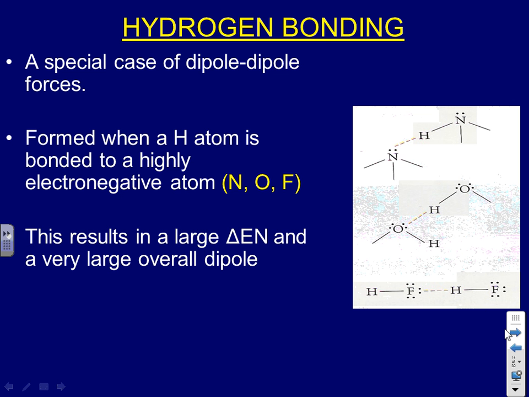And because they're so polar, they're a very strong intermolecular force. They tend to dominate over dipole-dipole and London forces. And they're really important in biology, I think. I don't know. You mention H bonding once in a while.